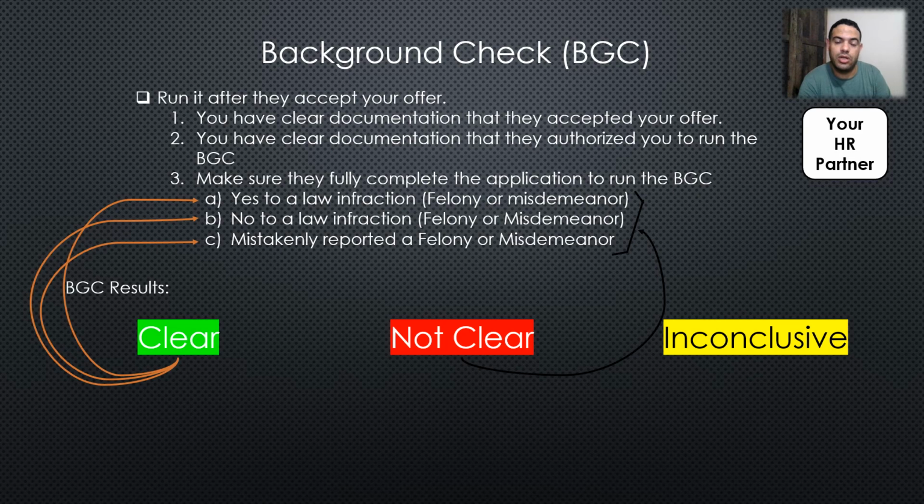You do want to make sure that you justify that based on the history that you have found in your background check, you feel there is a concern for your organization to have this candidate work with you. Whether it is a safety reason or a concern of theft or anything in that regard. But you do want to make sure you have some type of justification and you could move forward.